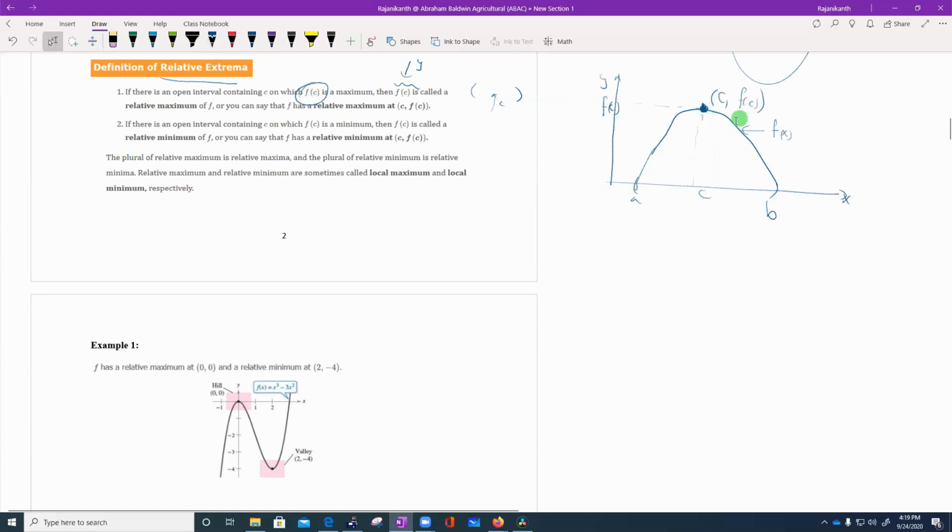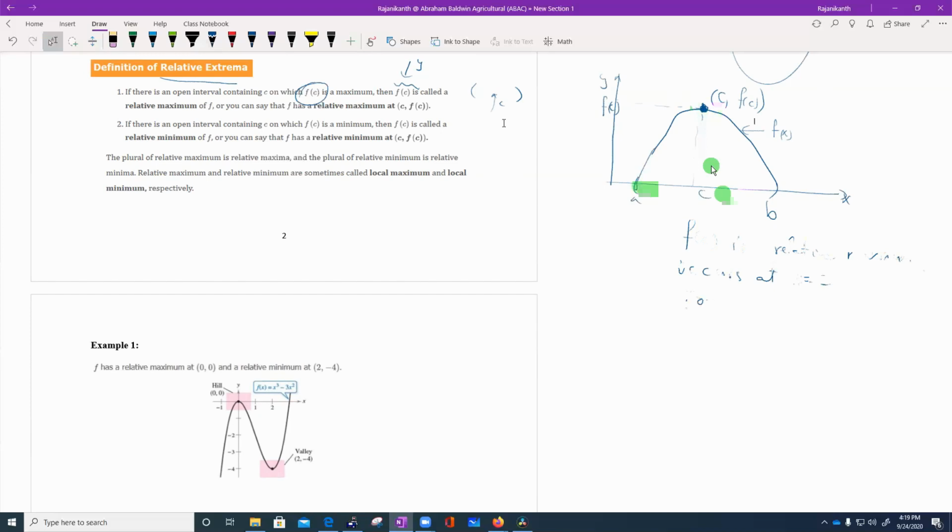So according to my picture, this is going to be my relative maximum. Why is it? Because this is the maximum value inside the open interval that I see, right? Therefore, you have to understand clearly f(c) is the relative maximum, which occurs at x value c.